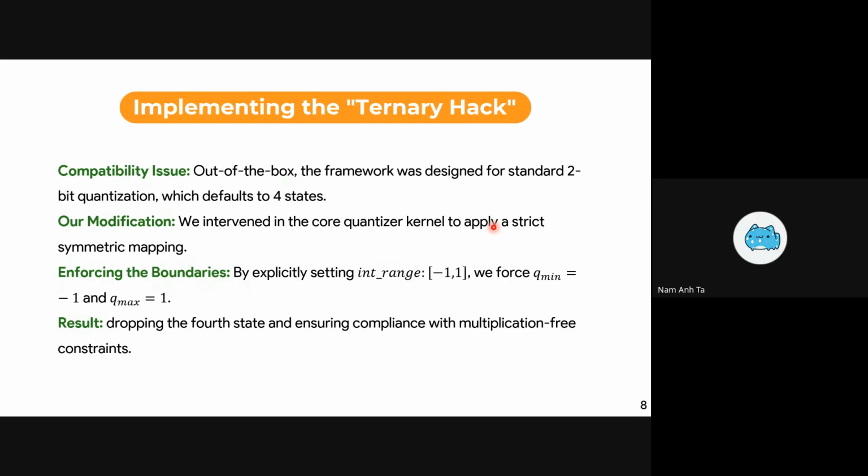You can set them as the range of the weights that you want to quantize down to. So to achieve the ternary state, we need to force the Qmin to -1 and the Qmax to 1. And by using symmetric mapping, we can force all the weights down to only 3 values: -1, 0, and 1. So with only these 3 values, you can achieve multiplication-free computation, only simple addition and subtraction at the hardware level.